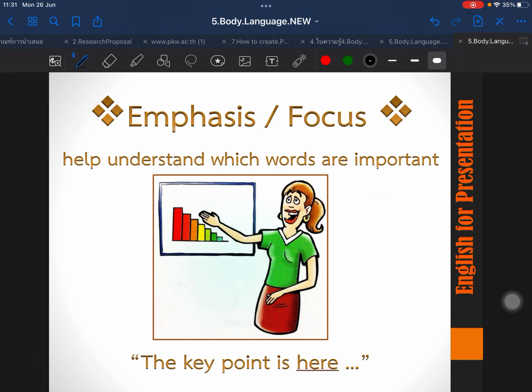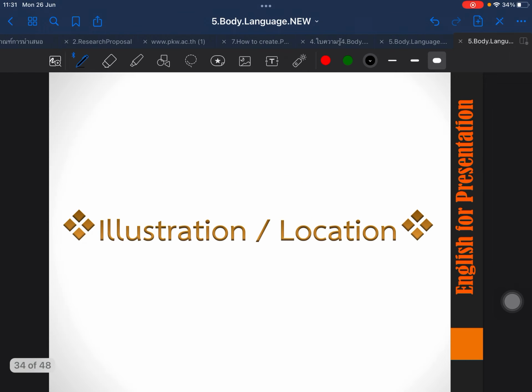Next one is you use your palm to emphasize information on the screen. For example, pointing at the graph, you just open your palm and point at that information. So, for example, the key point is here. That is to focus, right?